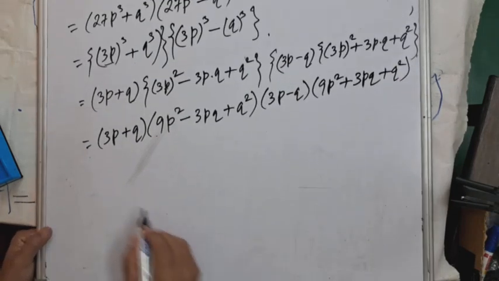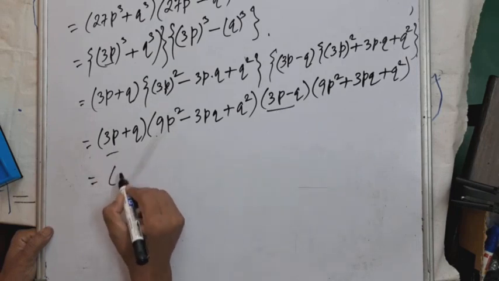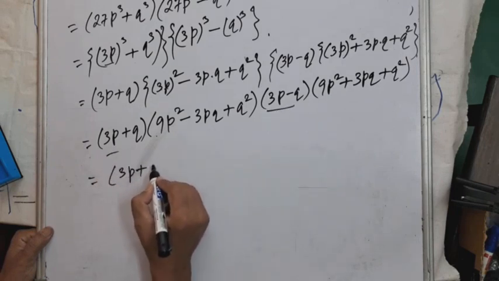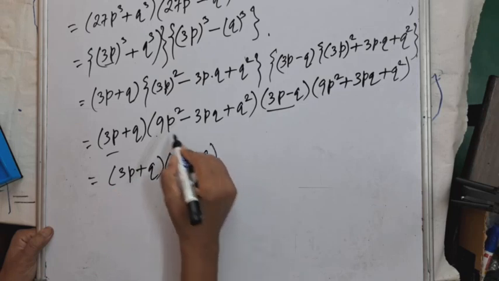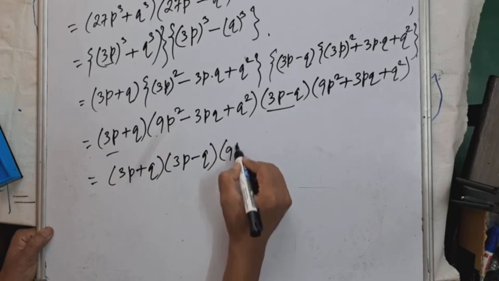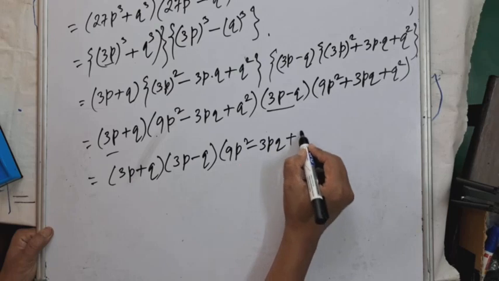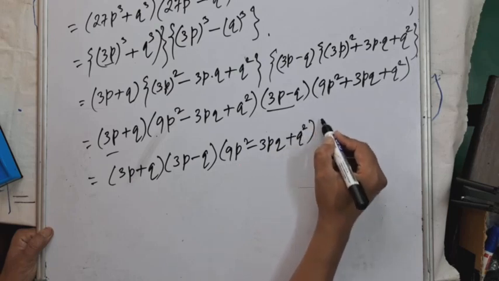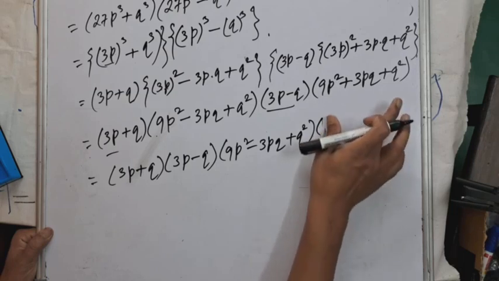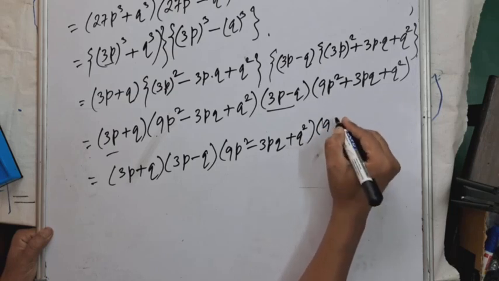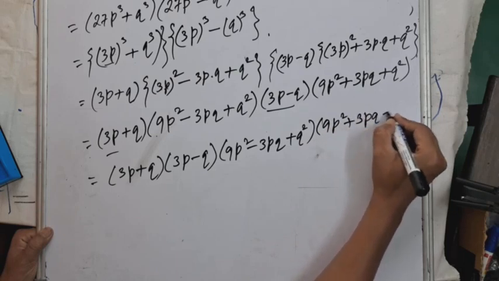Now we rewrite this again, arranging these together. 3p plus q into 3p minus q. Now we write this, 9p squared minus 3pq plus q squared, and this 9p squared plus 3pq plus q squared.